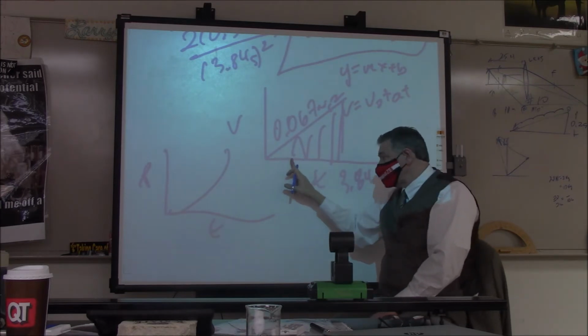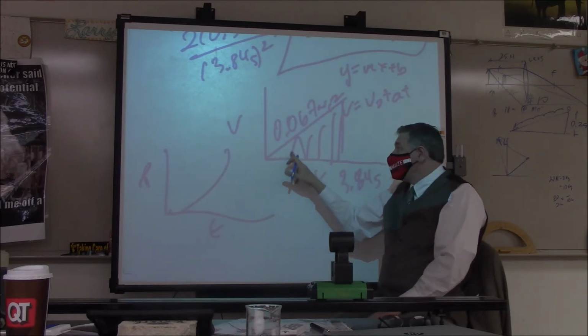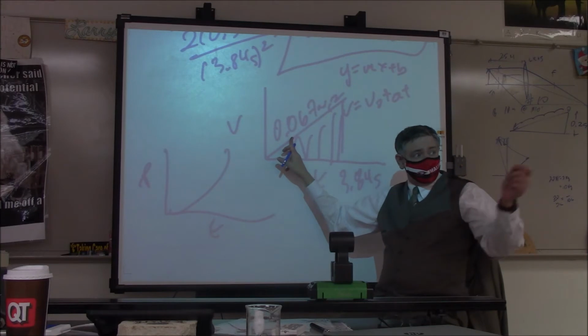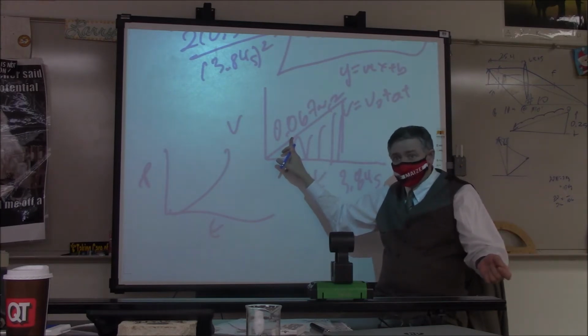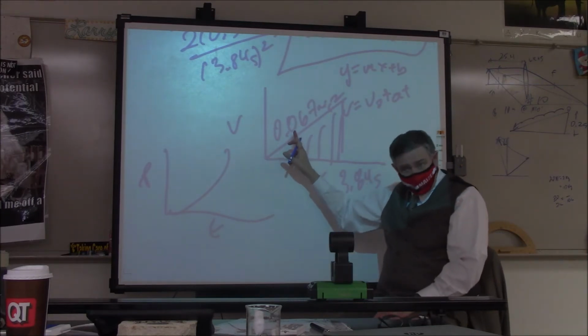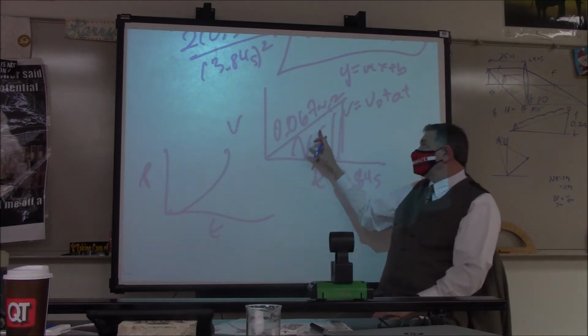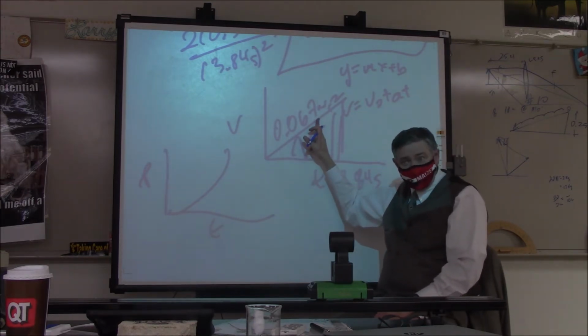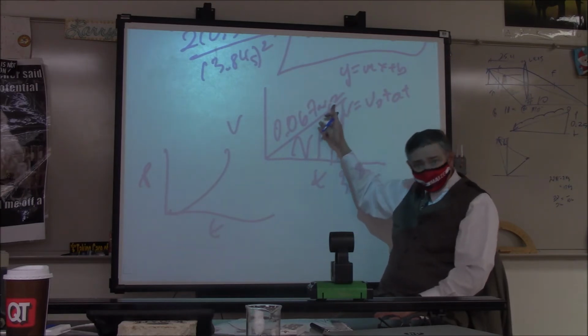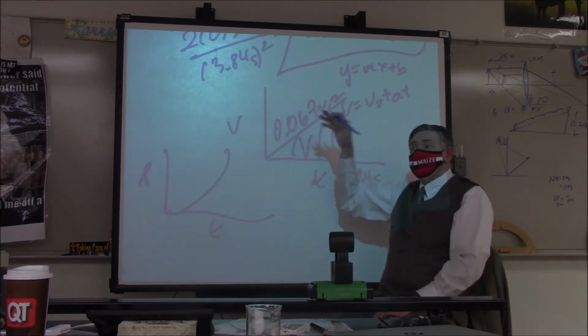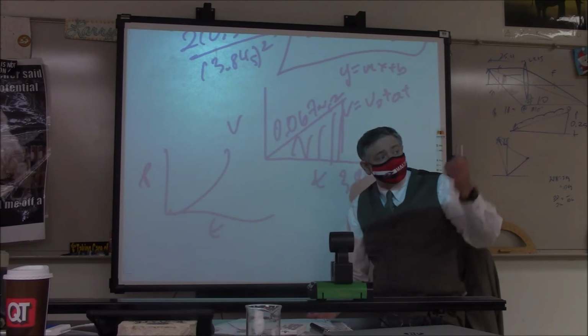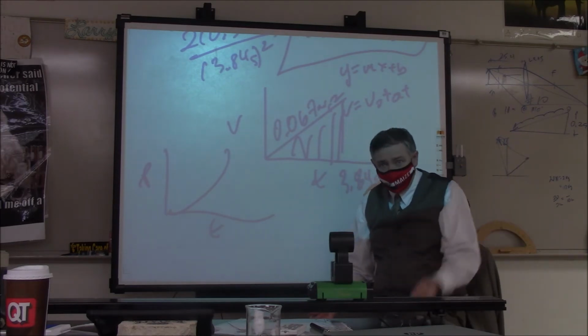So for every second that goes by, your velocity is going to increase 0.067. At the end of 2 seconds, you're going to be going twice as fast. At the end of 3 seconds, you're going to be going 3 times as fast. Because your velocity changes as a linear function of time.